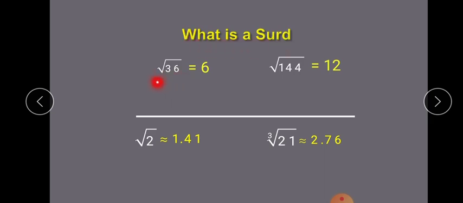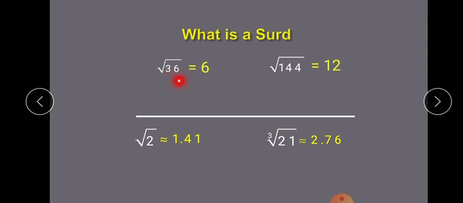Root 36. We know 36 is equal to the square of 6. That means 36 is equal to 6 into 6. So when we have a square root of a perfect square, or we can say when we have a square root of a number which can be expressed as a square, then the square root goes.